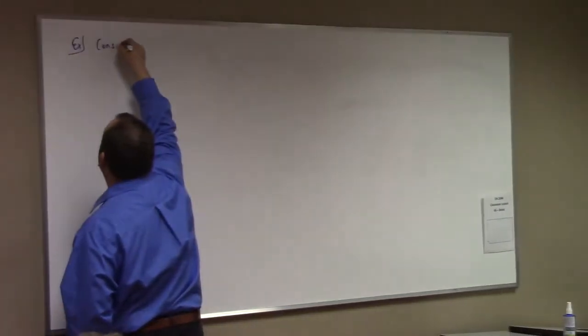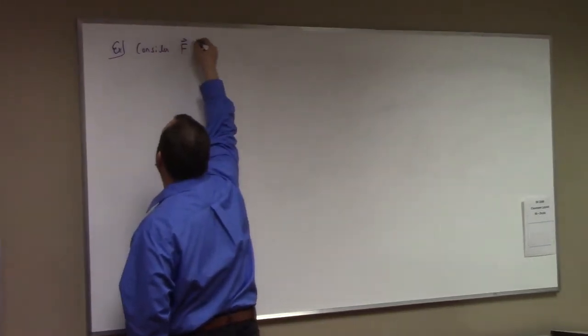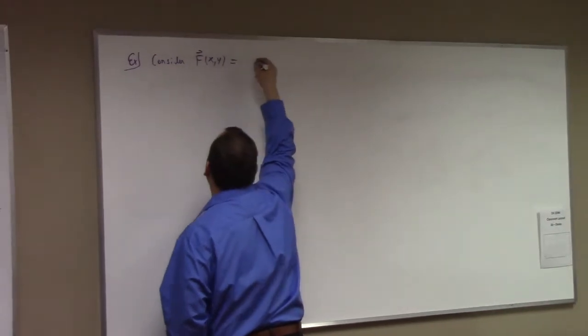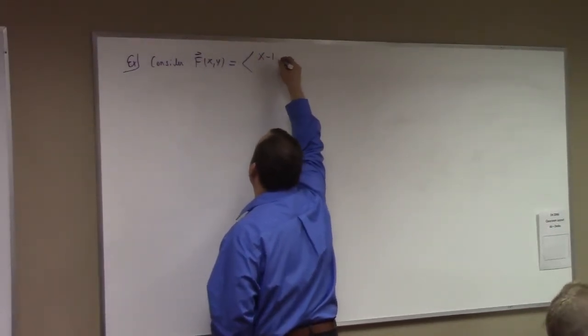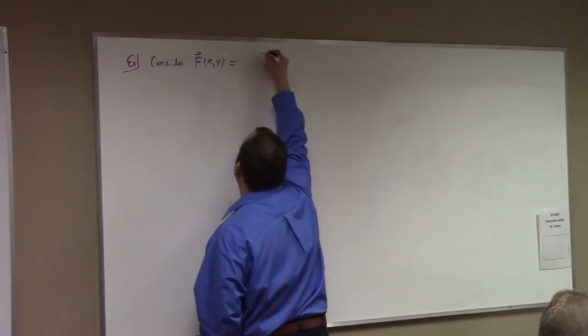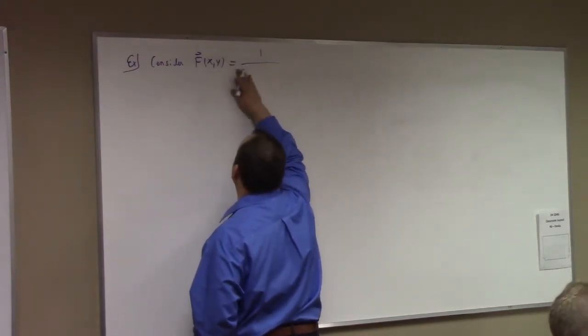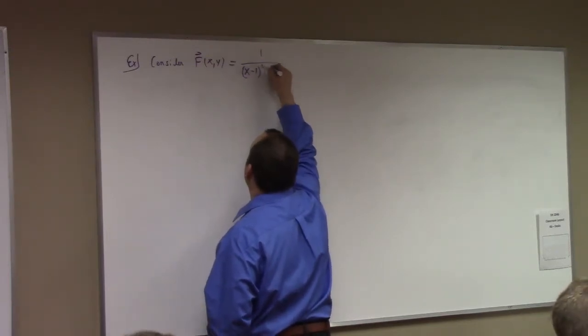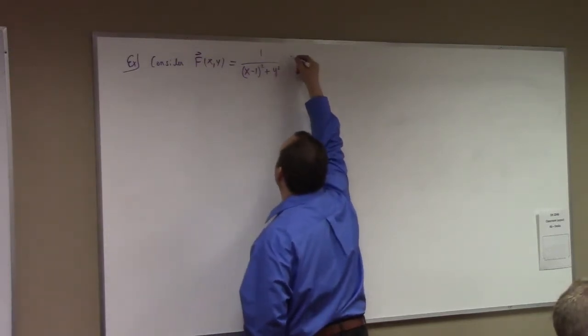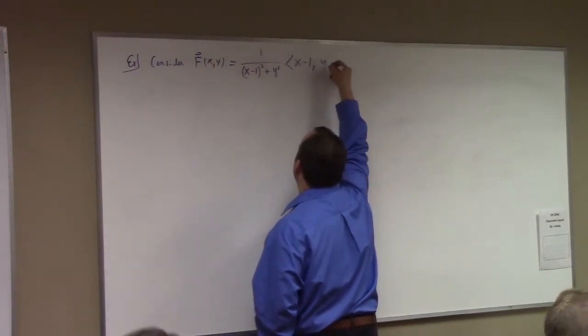Consider f of x comma y equal to, let me rewrite it, 1 over x minus 1 squared plus y squared, times the vector x minus 1, y.